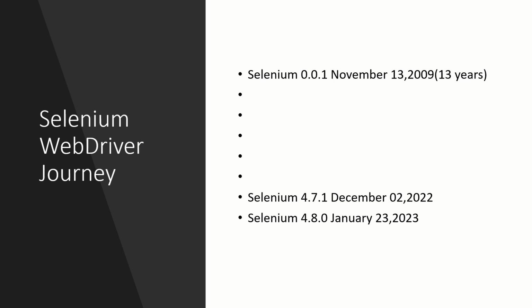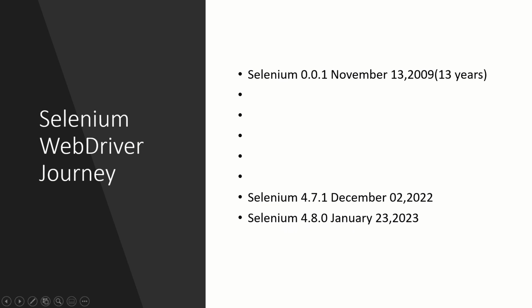So let me discuss the Selenium WebDriver journey. The first version of Selenium was launched 13 years back on November 13, 2009, and afterwards new versions came very rapidly, and with this journey, Selenium WebDriver reached Selenium 4.8.0.